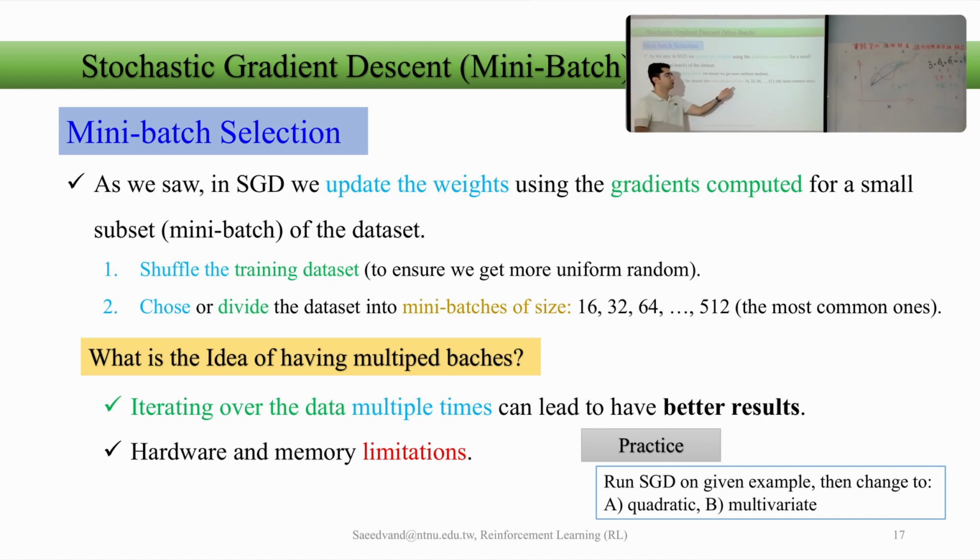It's pretty common to use 16, 32, 64, up to 512 as the mini batch size in order to train your model. If you work with image classification or image processing learning algorithms, which we will see later, we will also use mini batch sizes, and how many should we use?